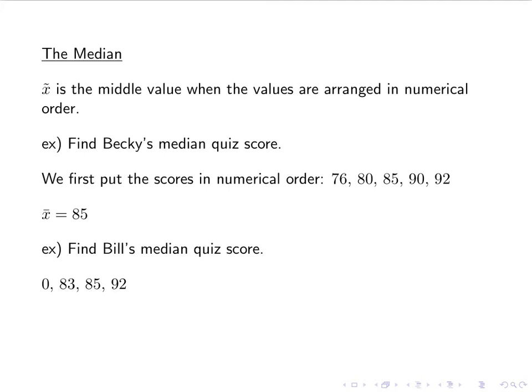So what we do is we take the 2 middle and we find the mean of them. So I take 83 plus 85 and divide it by 2. So his median is an 84. And in general, if there are n values, I take n over 2 plus the next value.